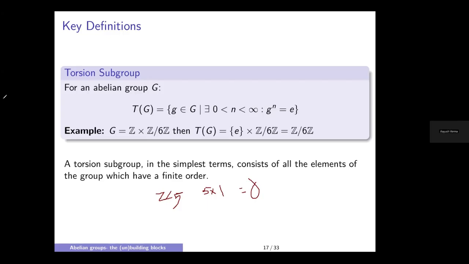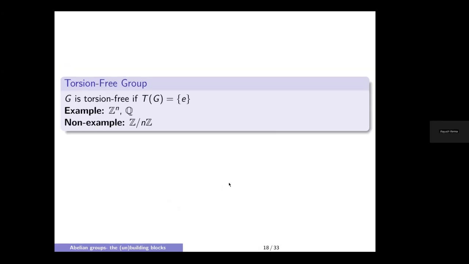So 5 is a non-zero divisor, one is a non-zero divisor, but still it is going to zero. That means this results in zero. So 5 and 1 are basically torsion elements. And if in Z5 nothing like this would have happened, then we would have called Z5 a torsion-free group. So Z_n is never torsion-free. They always have a torsion subgroup. That's why it is a non-example.